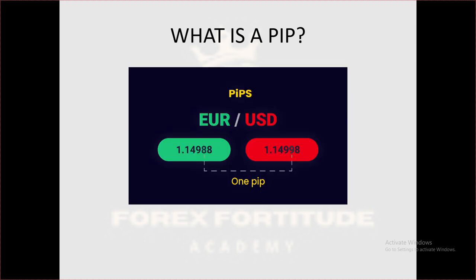Now, for example, we have 1.14988 and 1.14998. The last digit at the back is meant to be a subscript, and that is what we call a pipette. The change in movement from 8 to 9 is what we know as 1 pip.